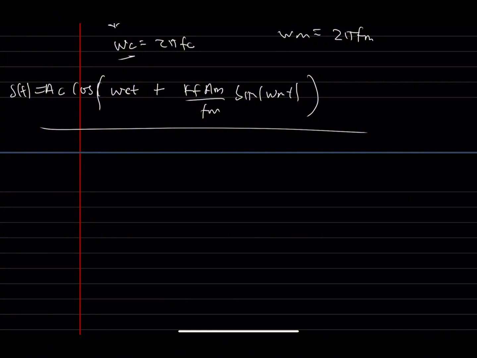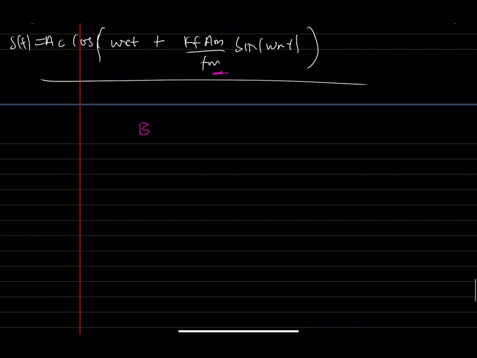Now that we have this, let's look at the coefficient over here. Now we can say that this β is equal to k_f A_m over f_m. And this β, we call it the modulation index of an FM wave. So take note of this: modulation index of an FM wave.